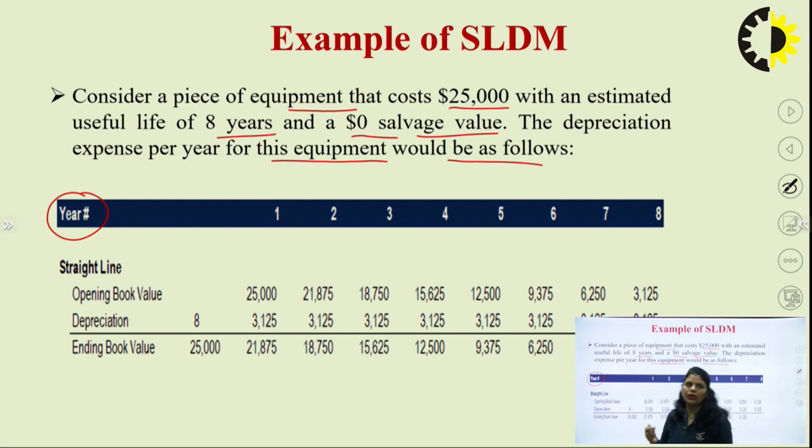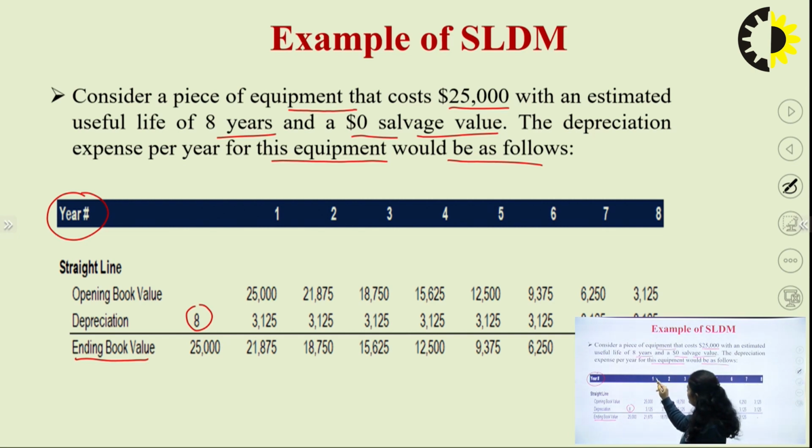Opening book value means the value, or cost, of the fixed asset at the beginning of the year. And this is the ending book value. Ending book value is what the cost of the particular equipment will be at the end of the year. This is the 8, the useful life.